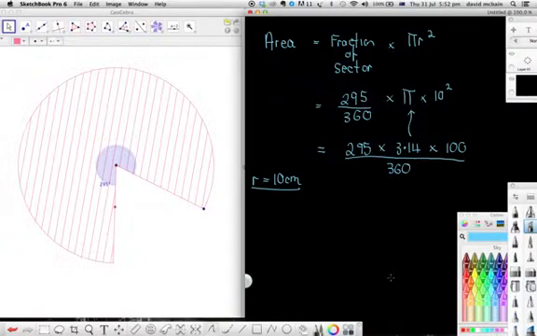So that will be 295 times 3.14 times 100, which equals 92,630, divided by 360.